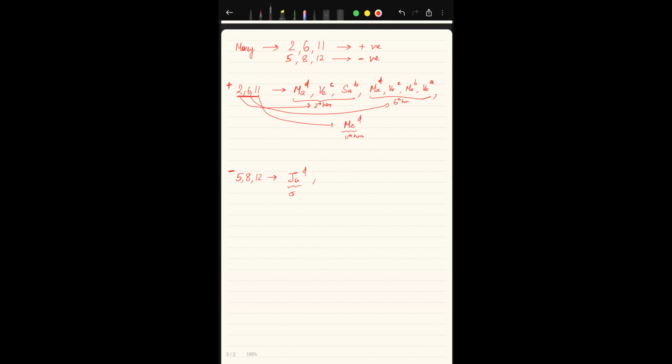Next, Venus for 8 in D. Mars and Saturn in C. For 12, Venus in D. In C, it is Mars and Saturn.